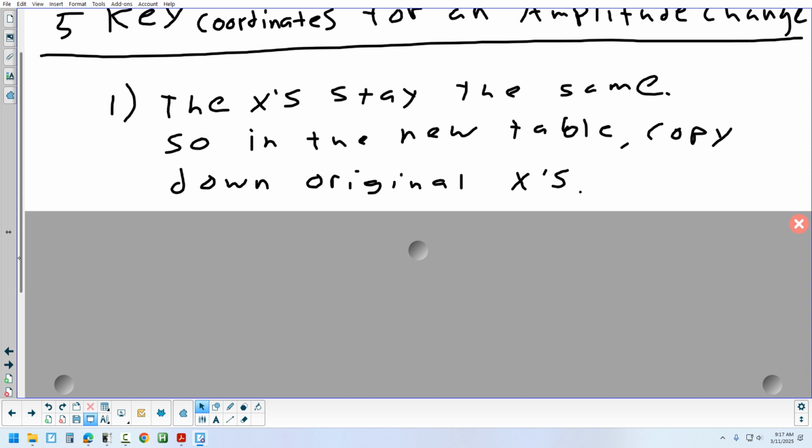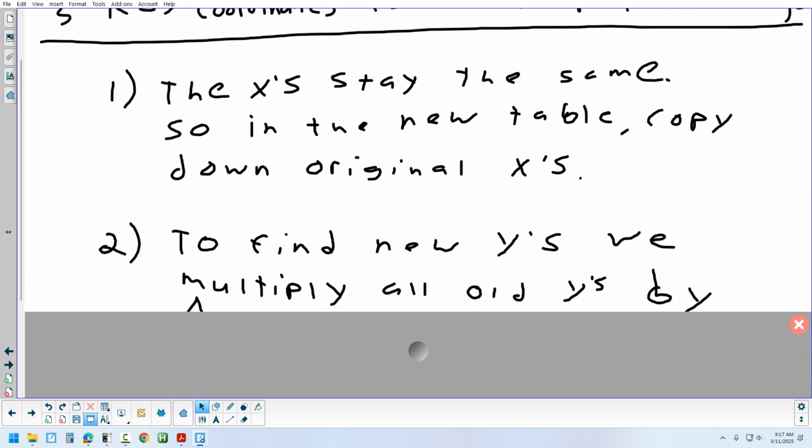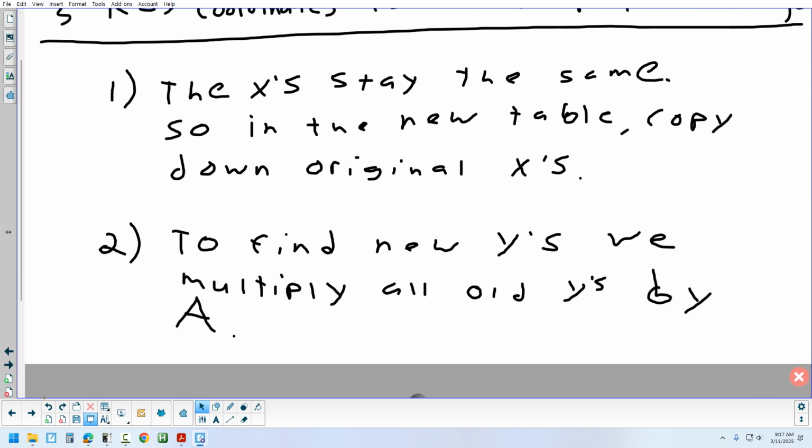All right, so how do we get the new y values? All we have to do to get the new y values is take the old ones and multiply by a. Notice it doesn't say absolute value of a. If the a is a negative number, you want to use it, because that negative is going to cause the graph to flip.